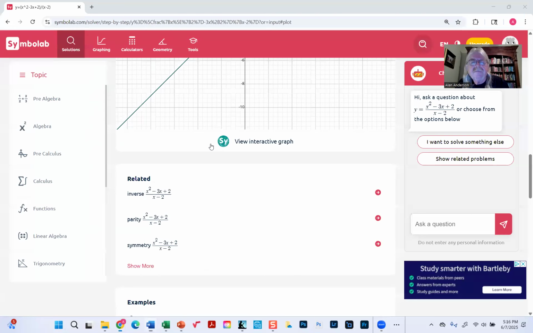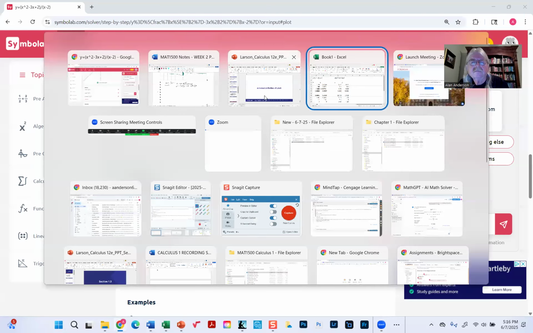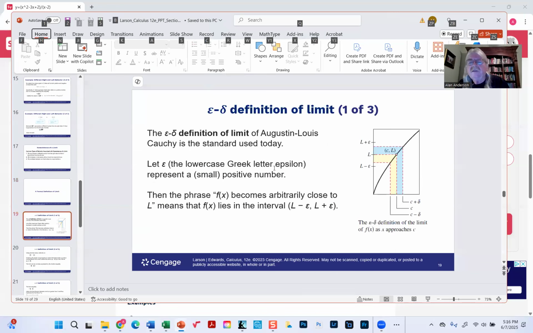Okay, so now the formal definition of limit is extremely theoretical. You can see that it's all in Greek letters, but what they're essentially trying to say here is this. Let me make this a little bigger.